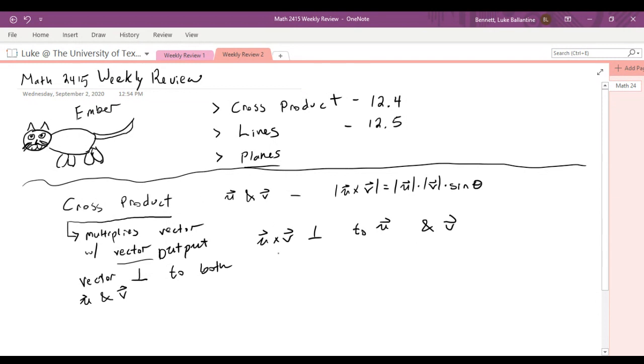Sometimes when you're calculating the cross product, there's some arithmetic to do.